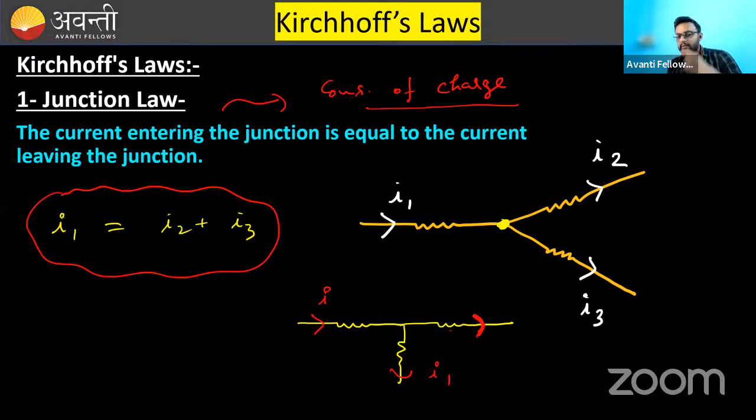Can anyone type in the chat box? Quick. Deepak is saying I. Anyone else? You are very slow in typing. I2. Okay, I2 is a good thing. We can write it here, I2.